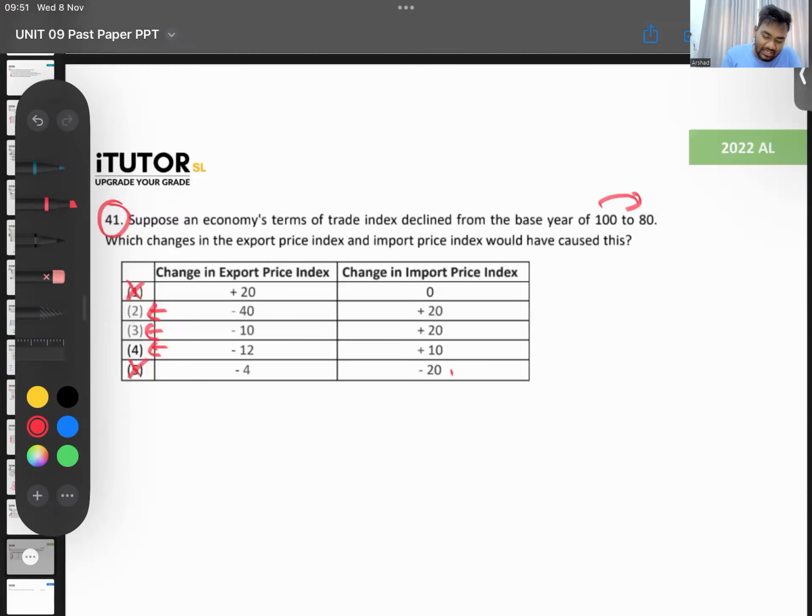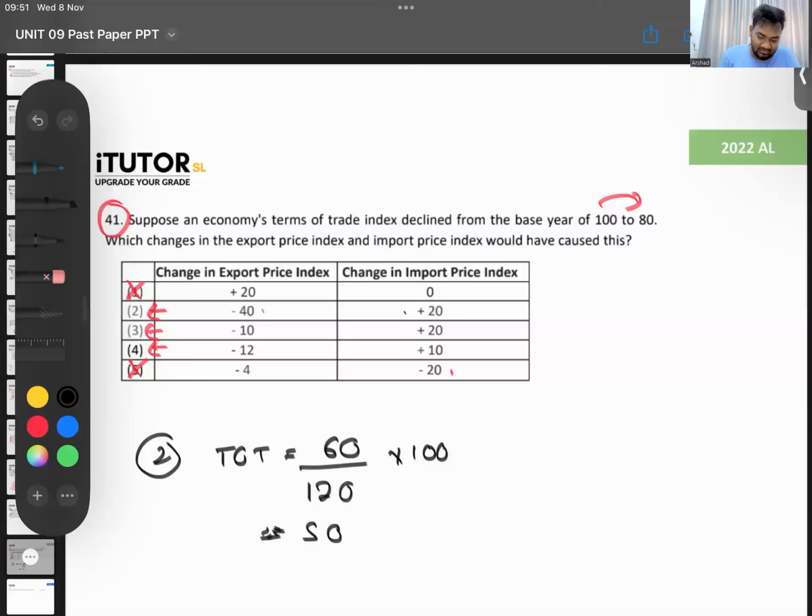So quickly do the calculation and see. For answer number 2, export price index has fallen by 40. Your export price index now is 60. Import price index has increased by 20. Now it is 120. So into 100, how much is your TOT? Your TOT will be 50. So can't be the answer. We are seeing 80.